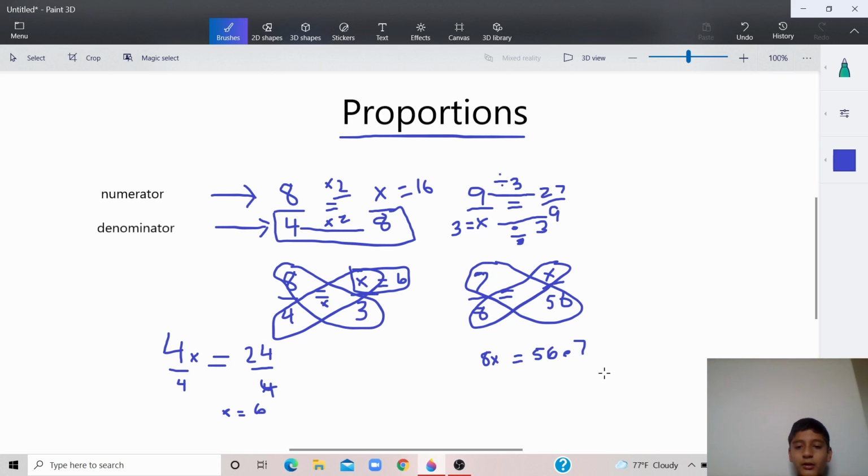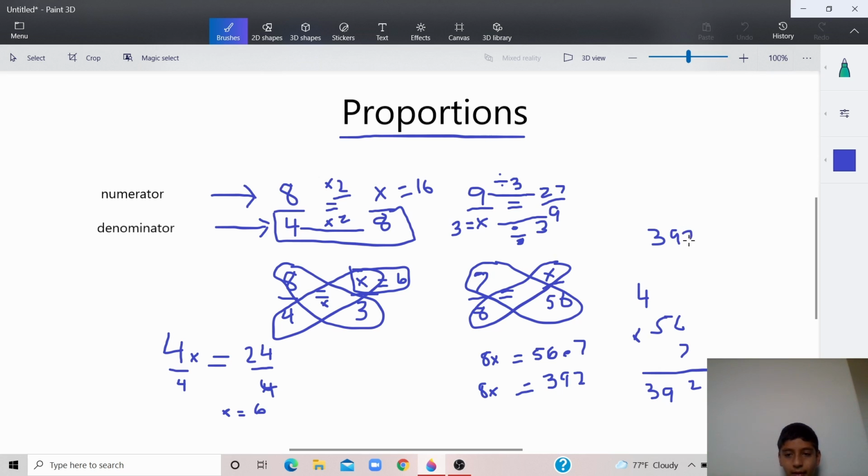Let's quickly do 56 times 7 over on the side here. 56 times 7, and we get 392. So 392 equals 8x. Now let's divide 392 by 8.